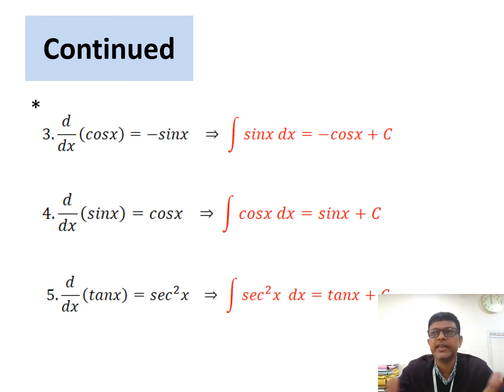Sec square x can be directly integrated, and you can write tan x. If it is something like the integration of 1 by cos square x, how do we find it? We can say that 1 by cos square x is equal to sec square x. Then we can use the integration formula, that is tan x plus c. So this is very simple.